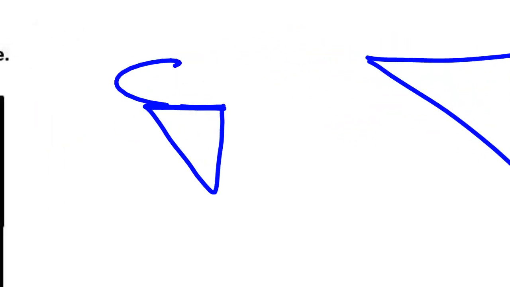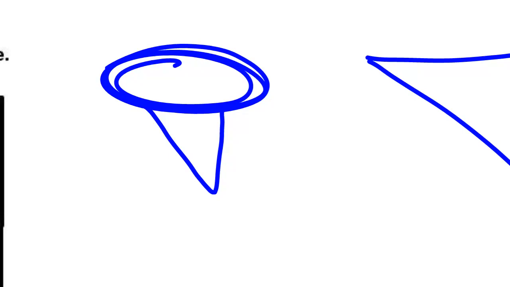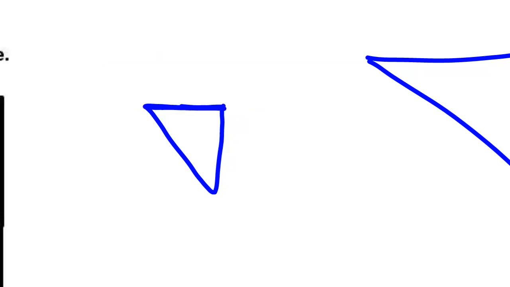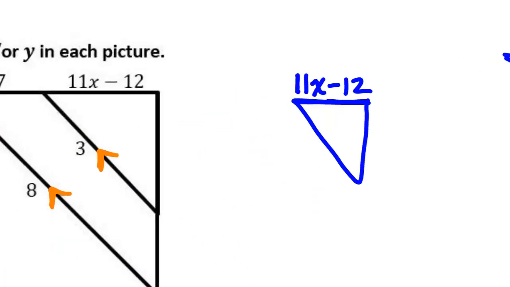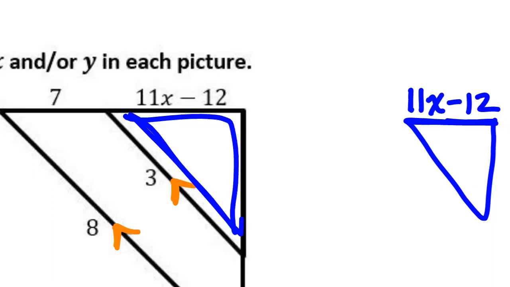On the little triangle, how big is this side right here? This side right here, sorry. 11x minus 12. Because my little triangle is this guy right here.